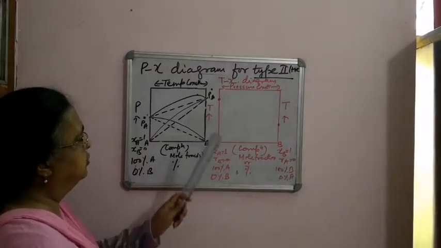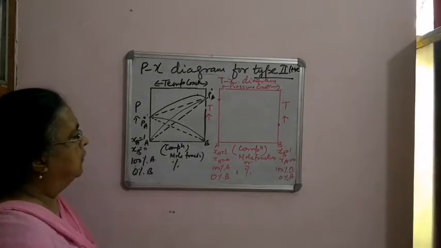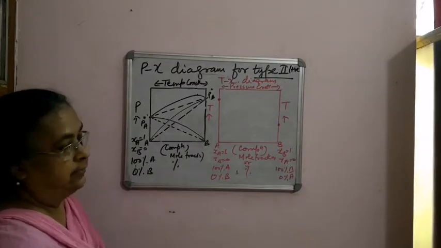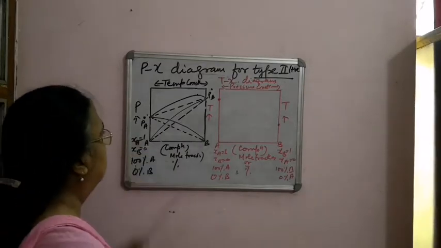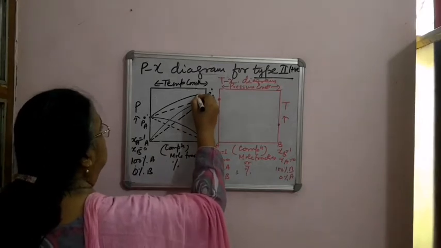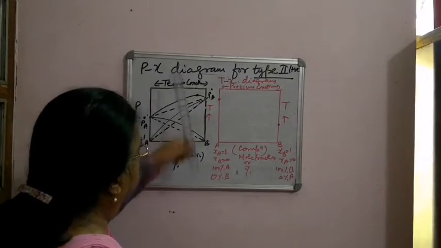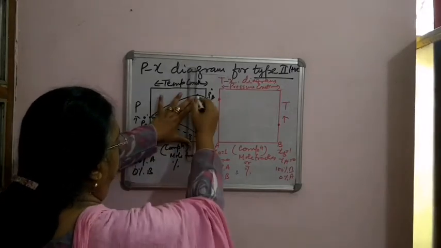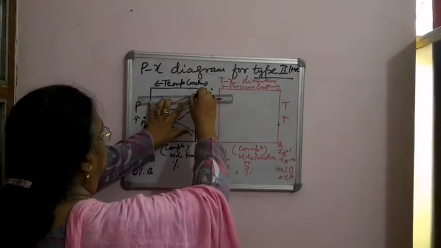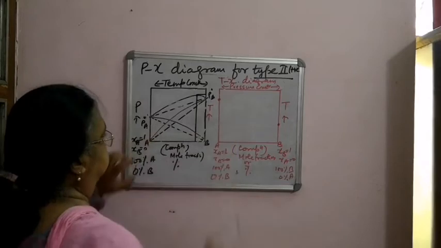In type 1 you saw at no point the vapor pressure of the solution was more than the vapor pressure of the component which is more volatile. So this is type 2, and here at this point, at this particular composition, they have this much vapor pressure.